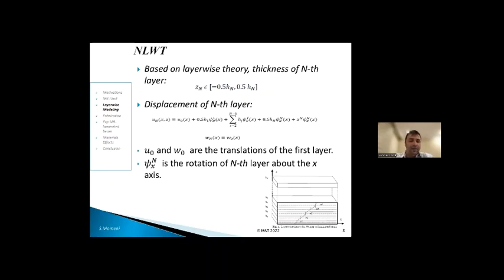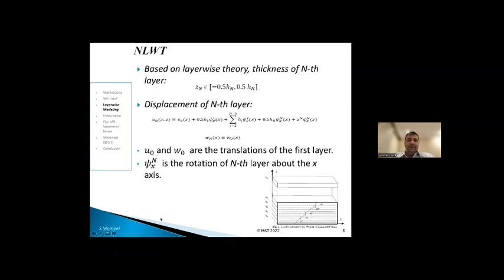And the displacement of the nth layer is defined as this formula. Based on this formula, U0 and W0 are the translations of the first layer of the composite structure. And phi of x of n is the rotation of the nth layer about the x-axis. This figure shows the arrangement of the composite structures from the first layer up to the nth layer.